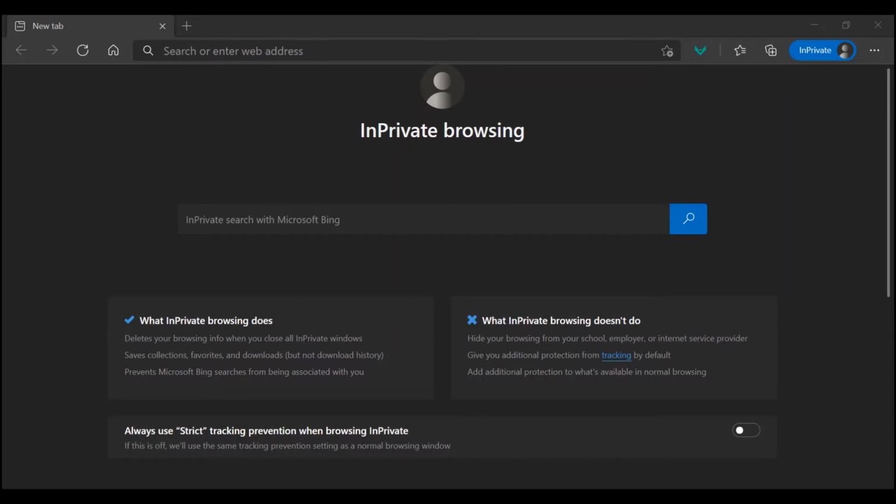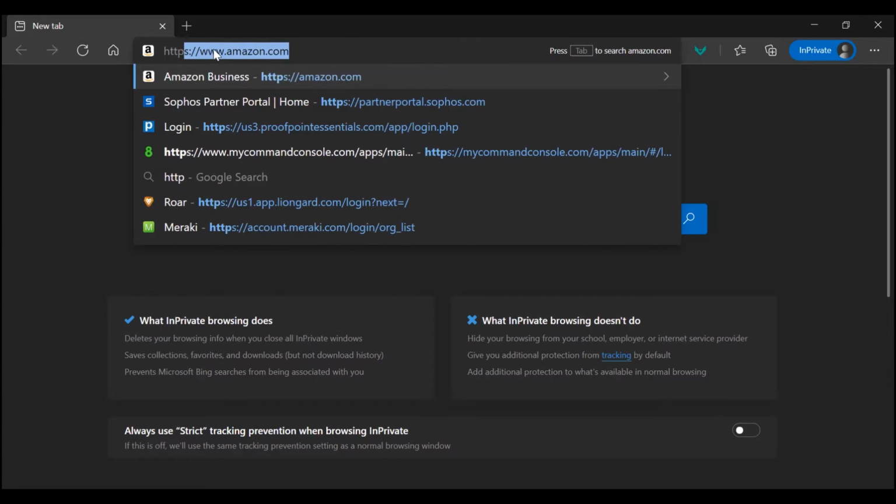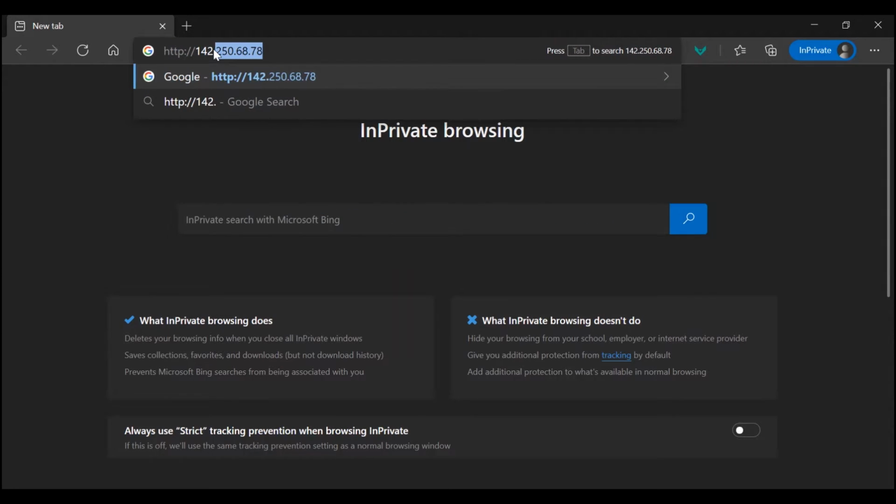Okay, I've talked with you a little bit about these different IP addresses, or basically street addresses for devices on the internet. And let's use Google as an example. If you went to your browser and you knew the street address or the IP address for the Google search engine, you could type that in. So it'd be HTTP, and the IP address is 142.250.68.78.